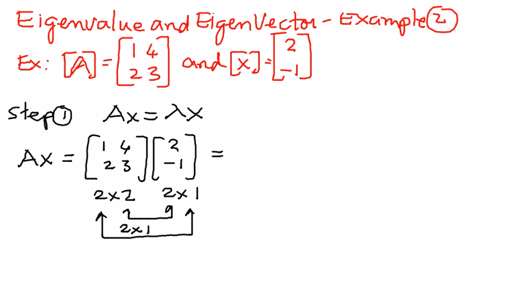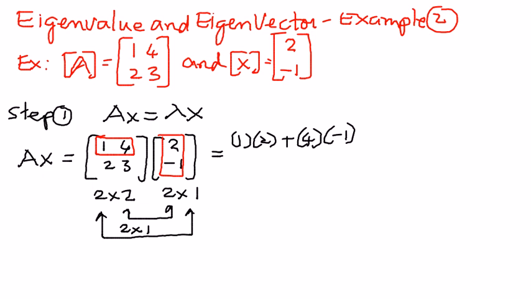And the way the multiplication is performed is we take the first row of the first matrix and then multiply it to the first column of the second matrix, and then we repeat the process for the second row as well. So let us get that started. 1 times 2 plus 4 times -1, that would be the first element of the product matrix.